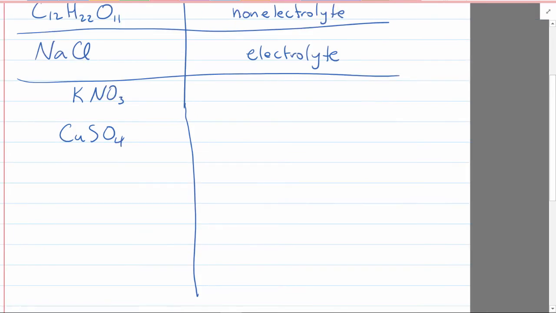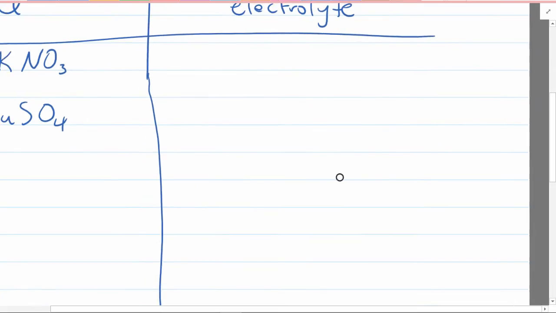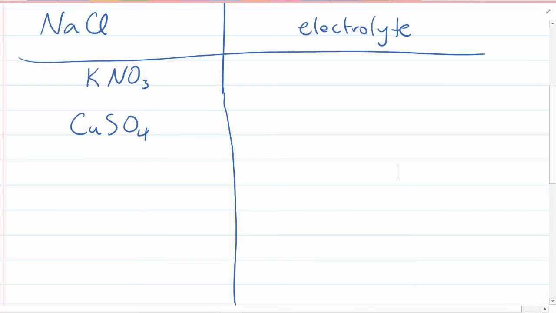So we have KNO3. We have CuSO4. We've got, what the heck was that? I still don't have this whole tablet PC thing down, this new one. Okay, we've got C2H5OH.